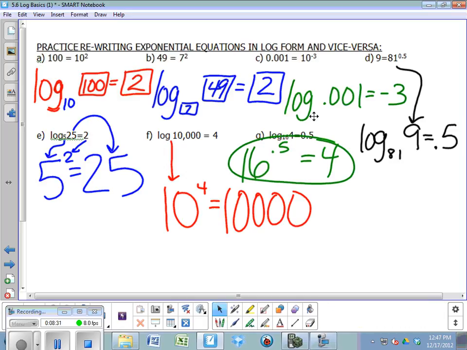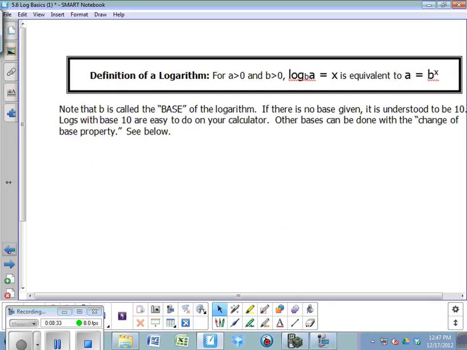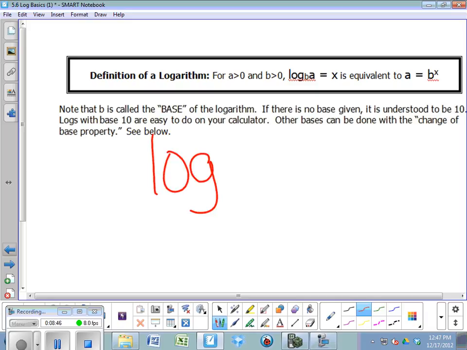Okay. Let me go back to the definition real quick. It says here, under definition of a logarithm, A and B both have to be bigger than 0. So here are some things that you can't do. The log of 0, base 9, equals what? It's not 9 to the 0.